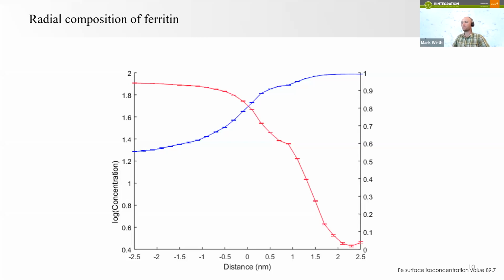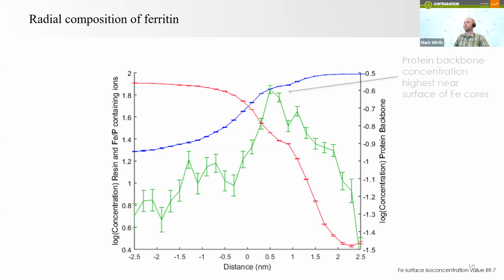And then as you move into the core, you should see the concentration of the resin decreasing and the concentration of the iron increasing, which is exactly what you see. And then what you want to see with this protein backbone is that somewhere near that interface there should be a peak of protein backbone, and then it shouldn't really exist very much anywhere else, which is exactly what we found.